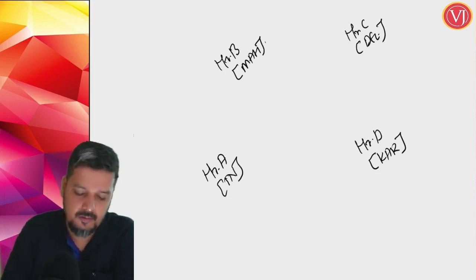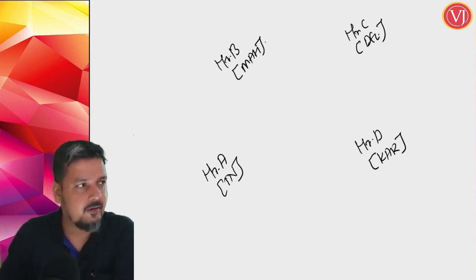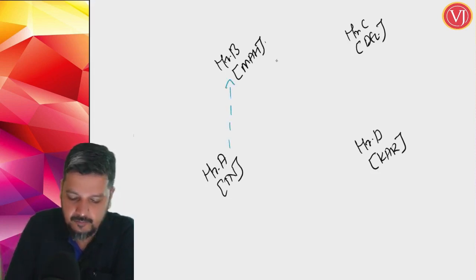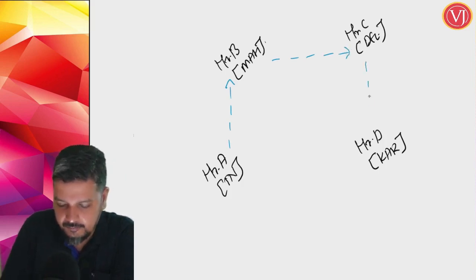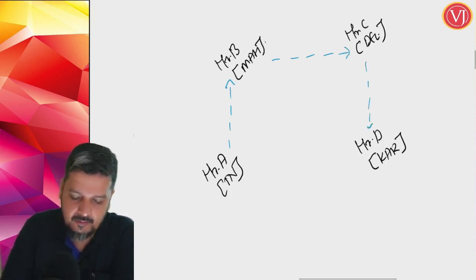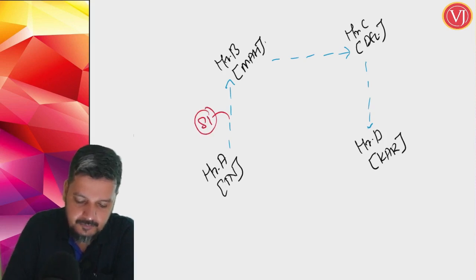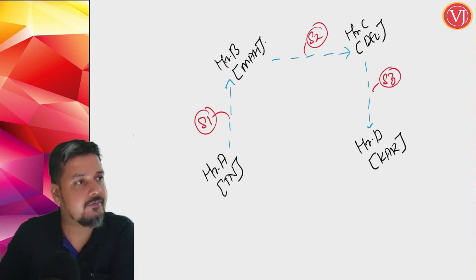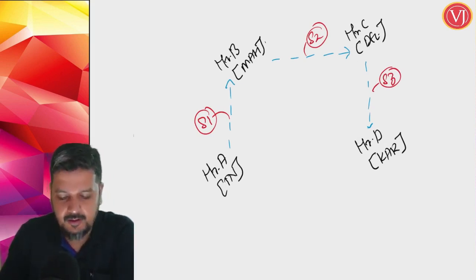It's goods, right? Now, how many contracts are there? No, 4. There's no connection between A and D. Supply 1, supply 2, supply 3. Clear?